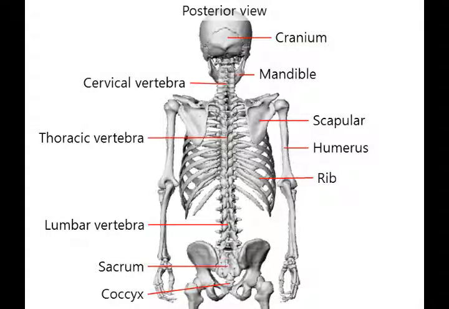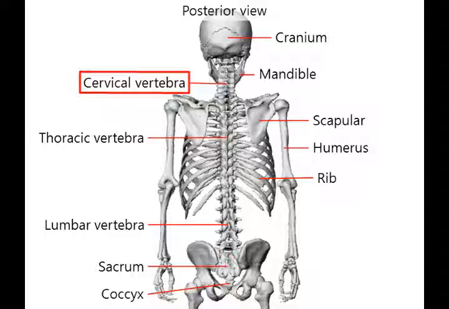The vertebral column is formed by the cervical vertebrae, thoracic vertebrae, lumbar vertebrae, sacrum, and coccyx, all in that order. The cervical vertebrae consist of 7 bones.